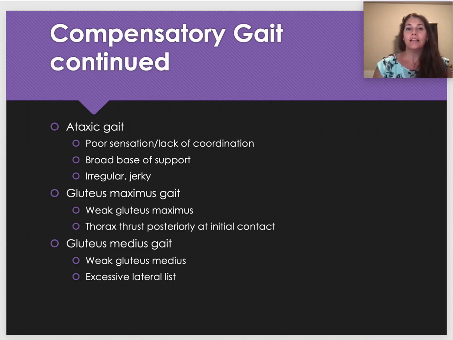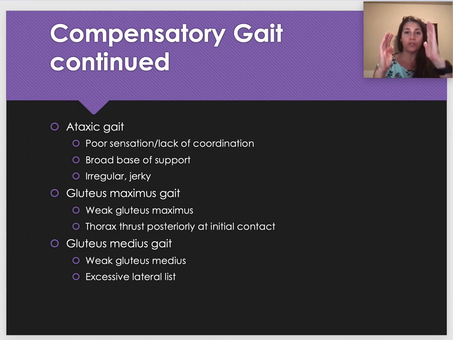So remember, initial contact, you're touching that heel down and you're going to lean back to kind of compensate, because you're not able to pull your leg back as well unless you do that. The leaning back is what's going to help you pull that leg back, because you're going to use compensatory muscles to make it happen.